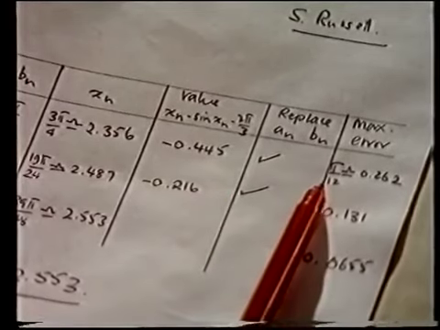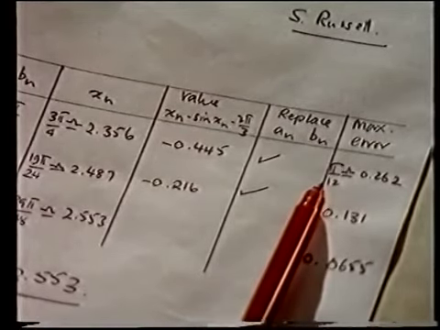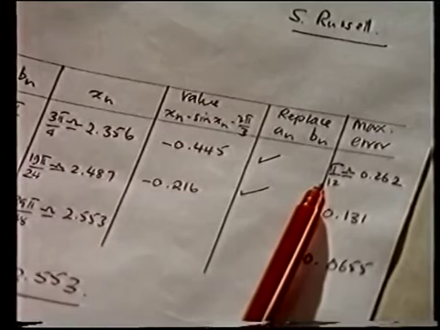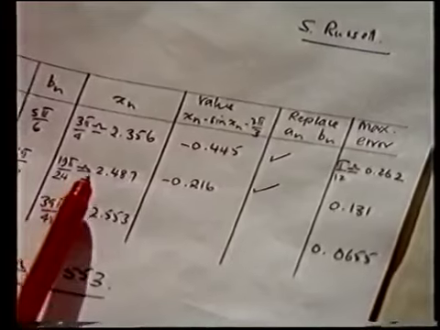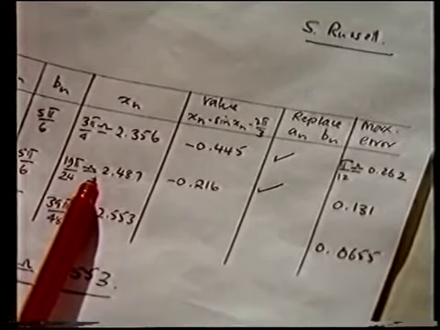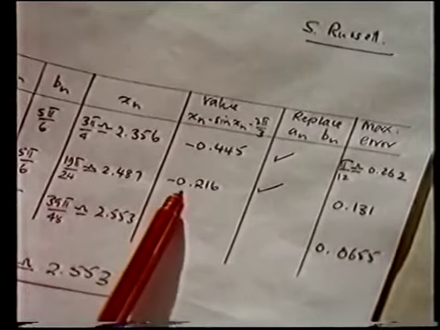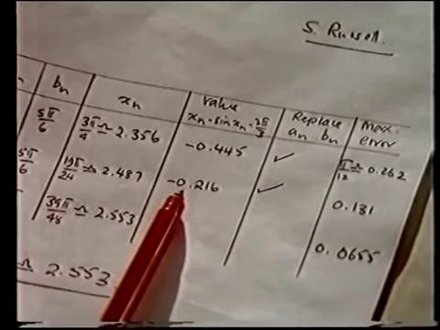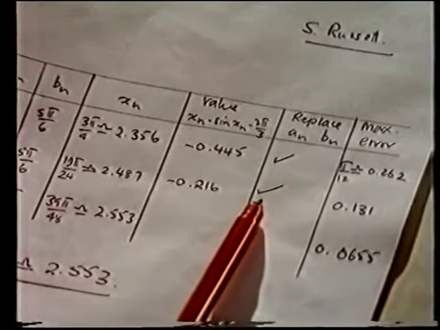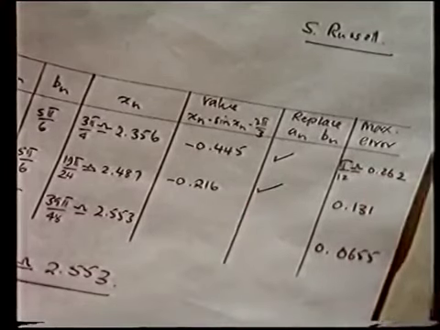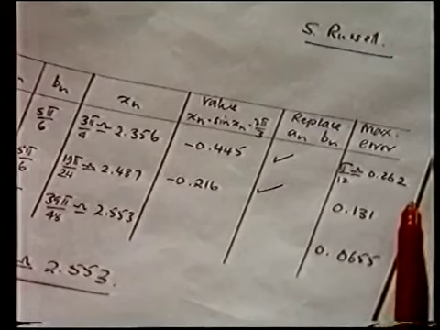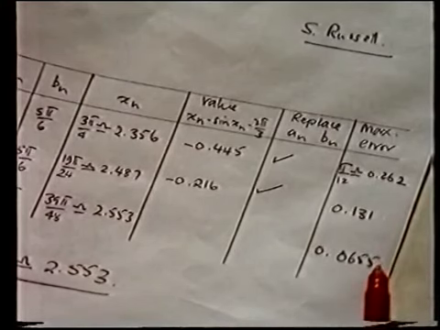He also puts down what the maximum error is. It's pi over 12. That's half the length of the original interval. And now we start over again. Once again, our approximation is the midpoint of the interval. The function turns out to be negative again. So once again, xn is to replace an. Now at the same time, he's keeping a running check of the maximum possible error.